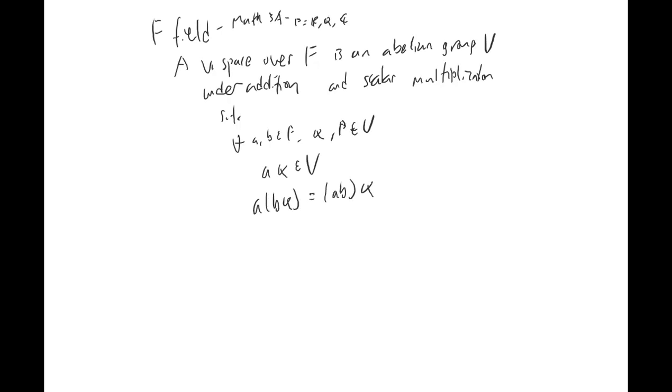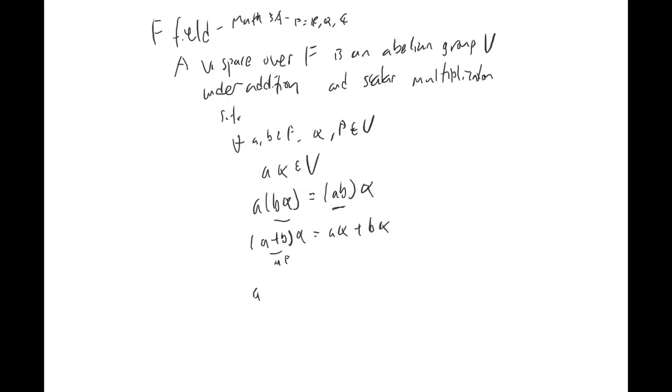Note here, I'm multiplying the scalar with the element in V, and here it's multiplication in the field F. And then we have the obvious distributive property. If I add two elements in F, a plus b times alpha, that's the same as a alpha plus b alpha.